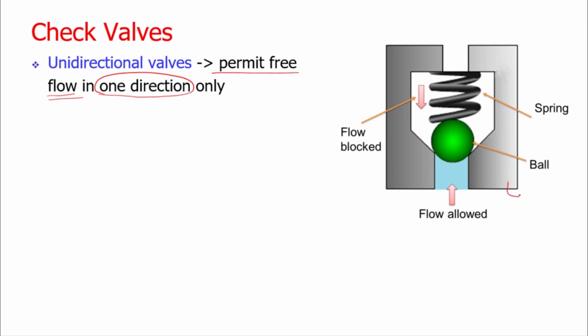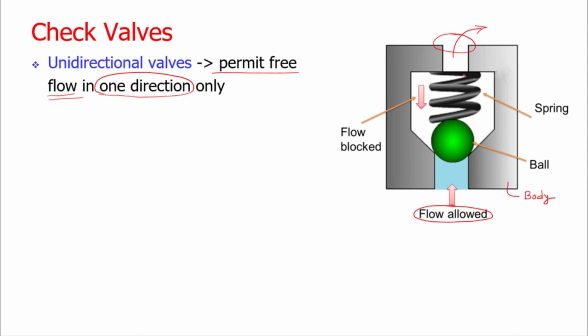This is the valve body of the valve, and it is having a passage. The fluid is allowed to enter at this opening, and it has another opening from where we are getting the fluid out.